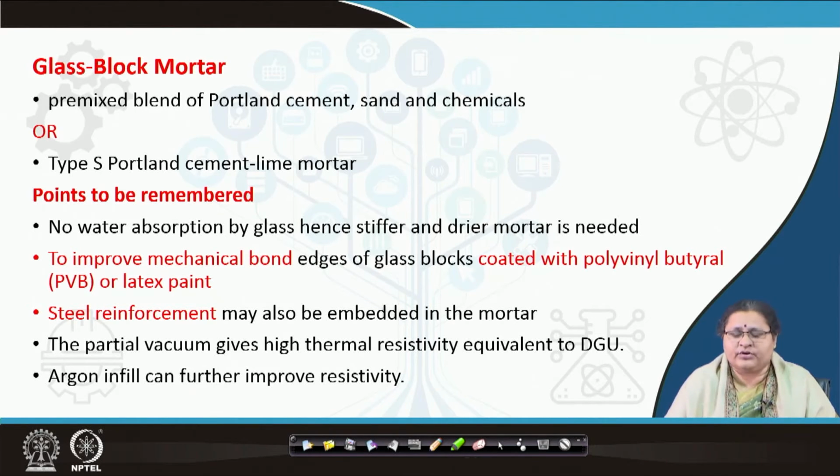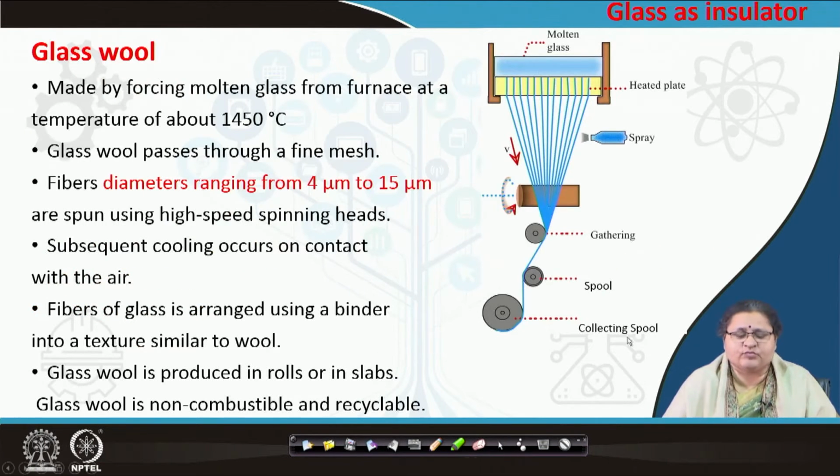After knowing this glass wall fixing system, let us move to glass wool, where glass works as an insulator. Here you can see in the schematic diagram some blue lines coming out from a heated plate, and on top is some molten glass.